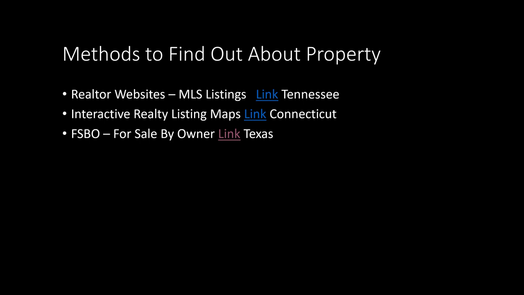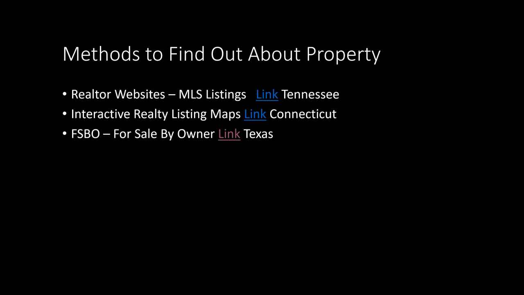The next category of being able to look for property is FSBO, for sale by owner. And this is an example of how you can locate properties that are not listed in the MLS with a realtor, but are just being sold by the owner.